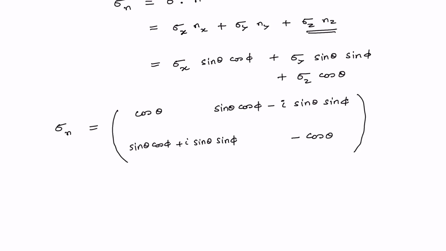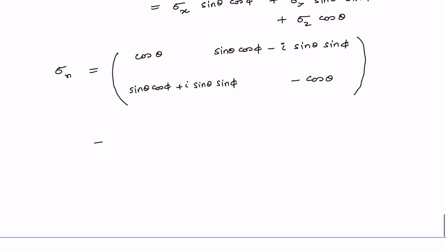It's very easy to do, and in fact I can rather write it in a more compact form. I can write it as cos theta, and this I can write as sin theta e to the power minus i phi, and here I can write it as sin theta e to the power i phi, and here I have minus cos theta.